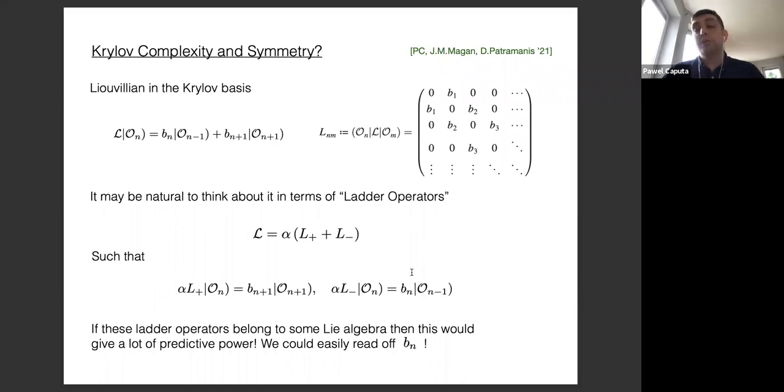This would be a very powerful representation, and it could shed light on the origin of these Lanczos coefficients. And that's where the symmetry comes in: if these ladder operators were part of some Lie algebra, then this would give us a lot of predictive power and a nice interpretation for the b_n's without doing any numerics.